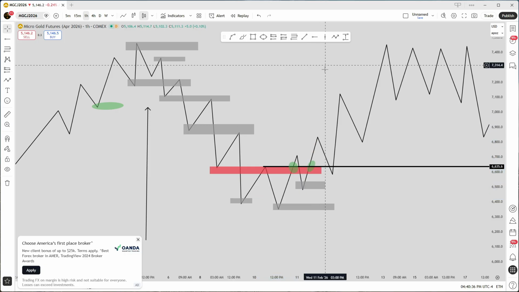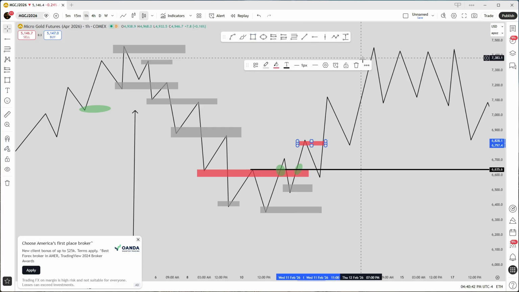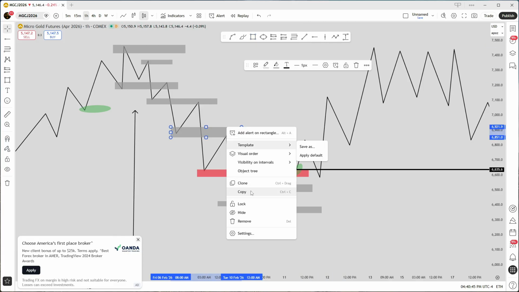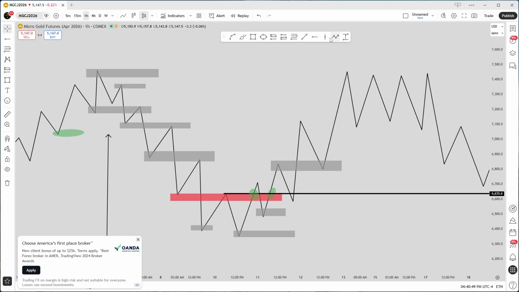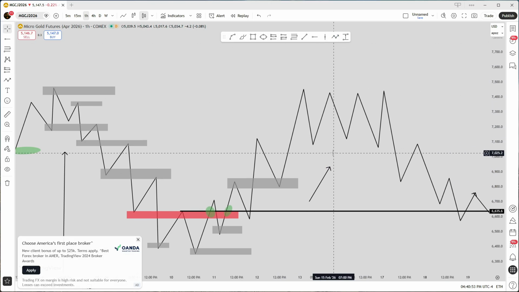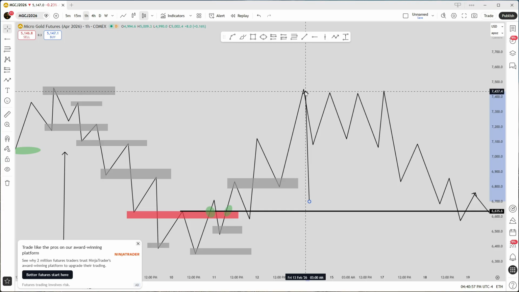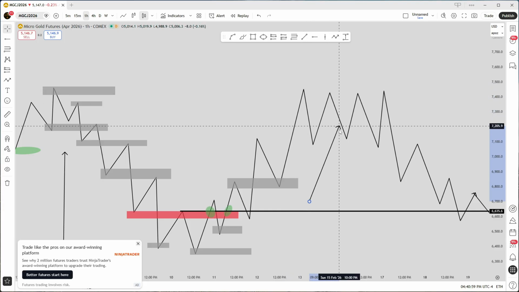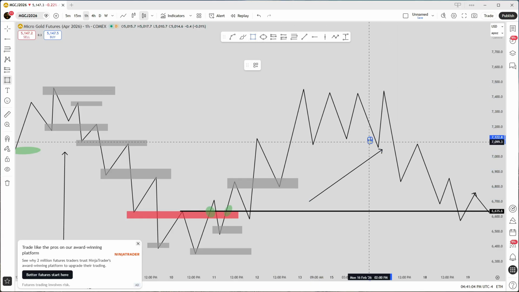And then you see the market trend change again. So now we have a higher high. Let's put this back to gray. We have a higher high, higher low, and then the market just starts to trend up again. High, low, and then what I showed you guys earlier, consolidation, a range, which you don't trade because it's not predictable, is something like this until this is the last low.